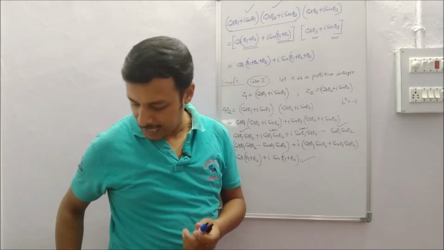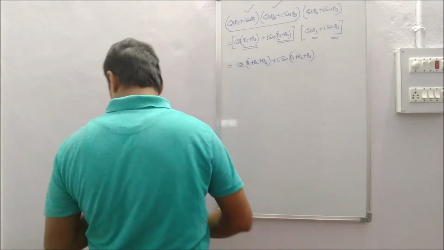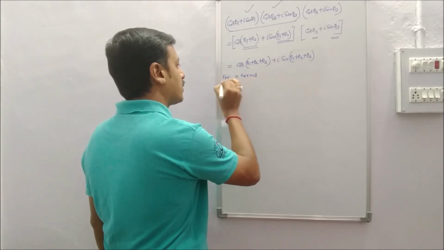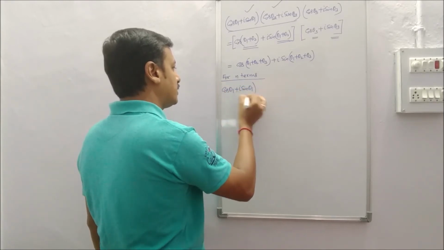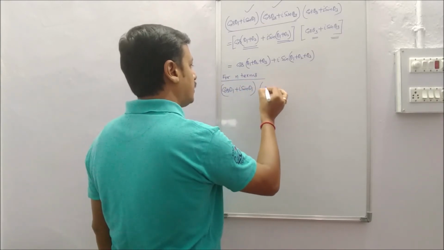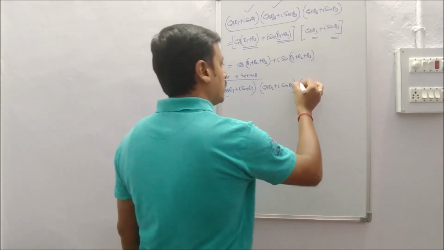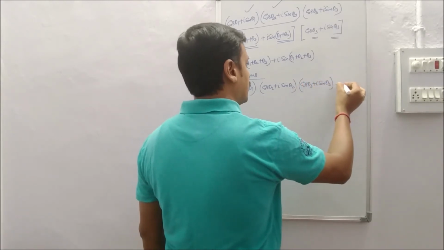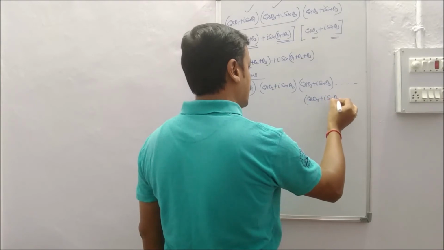Now writing it for n terms: cos theta 1 plus I sin theta 1, into cos theta 2 plus I sin theta 2, cos theta 3 plus I sin theta 3, dot dot dot up to cos theta n plus I sin theta n.